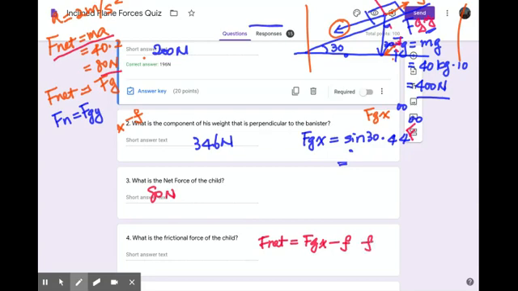So friction is equal to Fgx minus net force. Fgx is 200 minus the net force, which is 80. So you get 120 Newton.